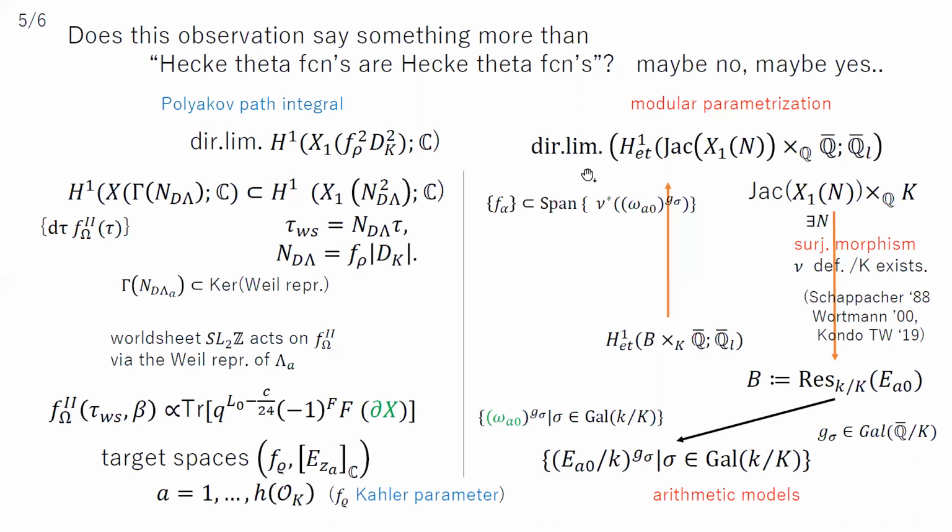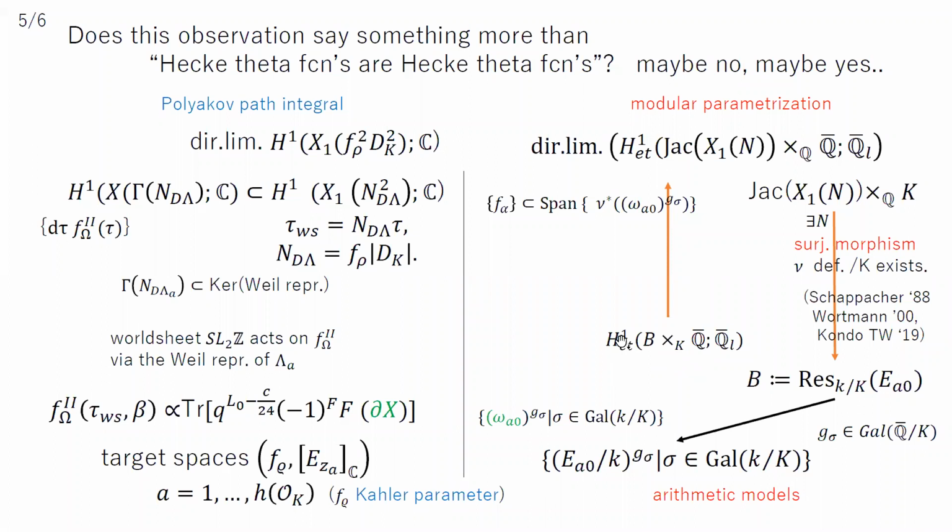So we can think of a direct limit over those parameters of those first cohomology groups. And the observables in string theory of this category can be regarded ultimately as a subspace of this direct limit, where we run over all kinds of choices of the Kähler parameters. By taking the limit, the information on the choice of the Kähler parameters actually disappears. And the whole class of observables combined can reproduce all kinds of modular forms, which are the pullback of the target space holomorphic one form in that way.